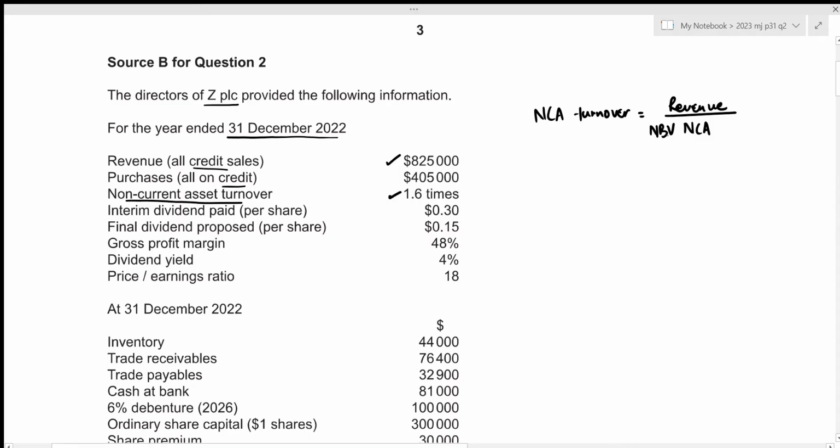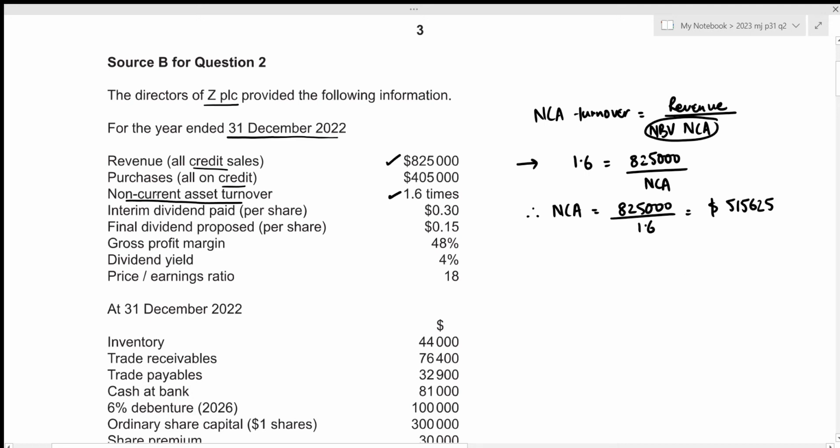So we can just figure out the value for net book value of our non-current assets. Let's do that. So we have 1.6 equals to 825,000 divided by the non-current assets. This means that the value of non-current asset will be equal to 825,000 divided by 1.6, which results in the value of 515,625.